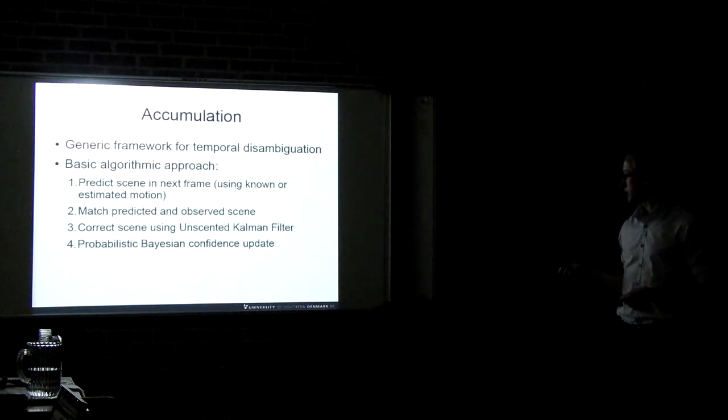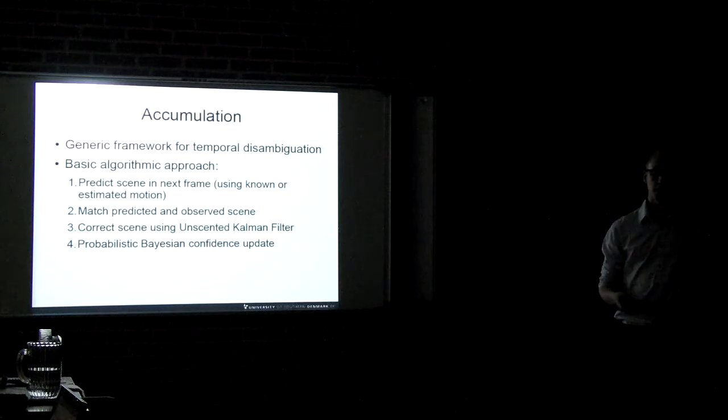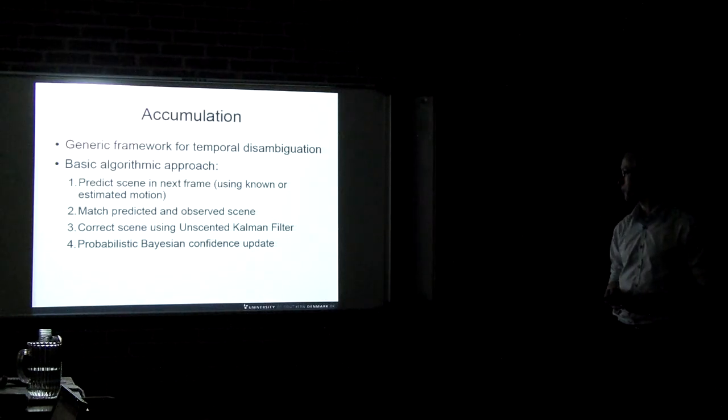Finally, we have a probabilistic step where we update the confidence of each feature. So depending on the quality of the match, how confident are we that this is actually a line segment representing something in the physical world.